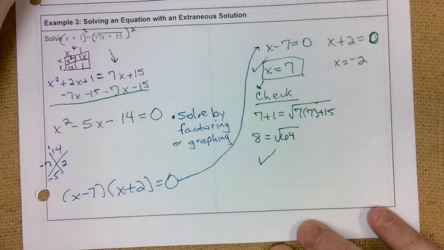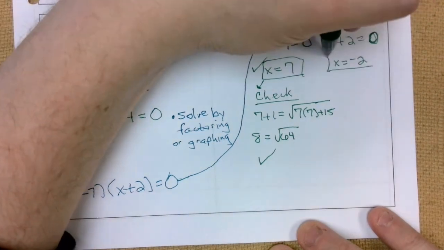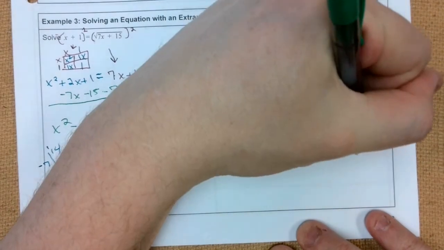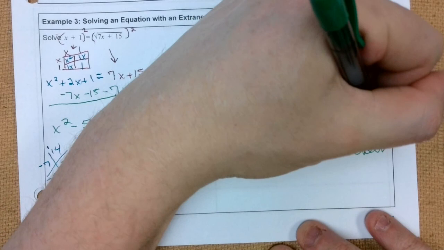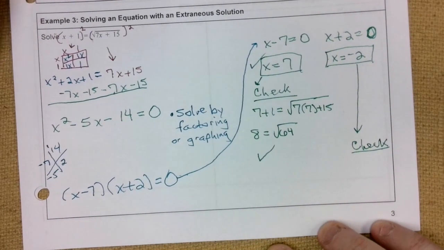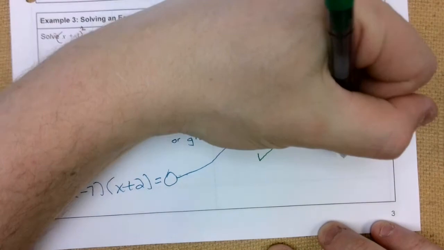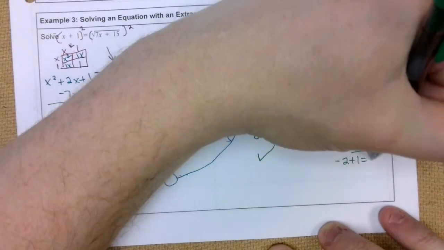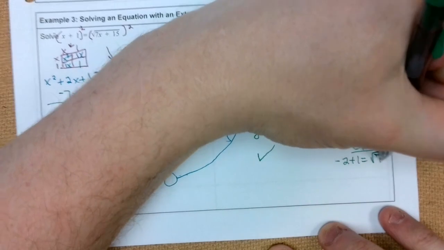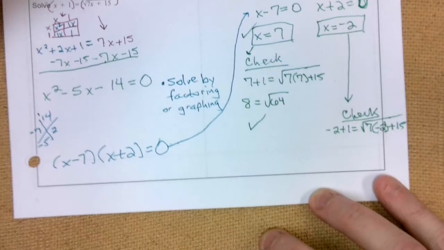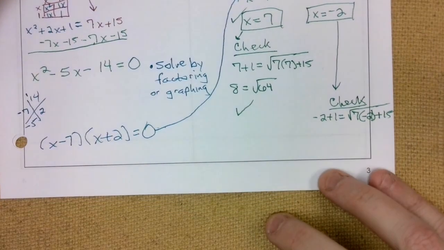We got to do the same thing now with the -2. Sorry, this is a little all over the place, but you should be used to it by now. Okay, so I got -2 plus 1 equals square root of 7 times -2 plus 15. -2 plus 1 is -1.